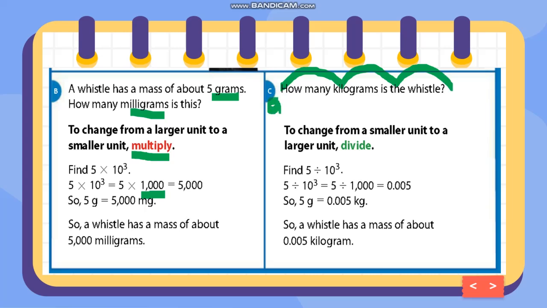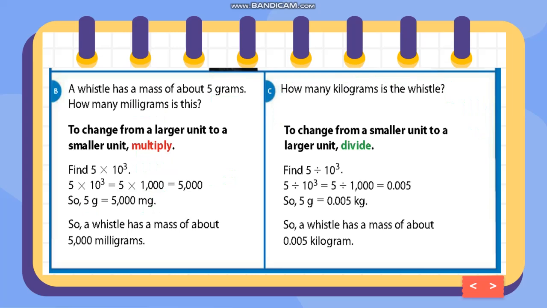So this is gram and this is milligram. 3 movements means we have tens, hundreds, thousand. So multiply by 1,000. 5 multiplied by 10 cube means 5 multiplied by 1,000, which is equivalent to 5,000. So 5 gram is equivalent to 5,000 milligram because 1 gram is equivalent to 1,000 milligram.